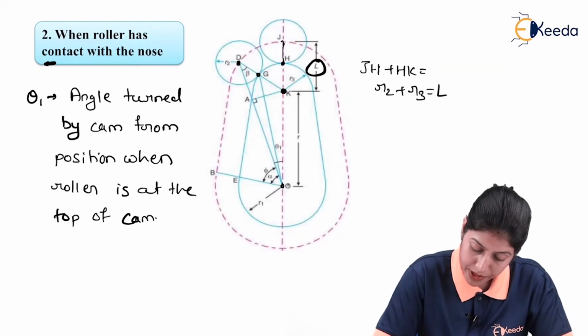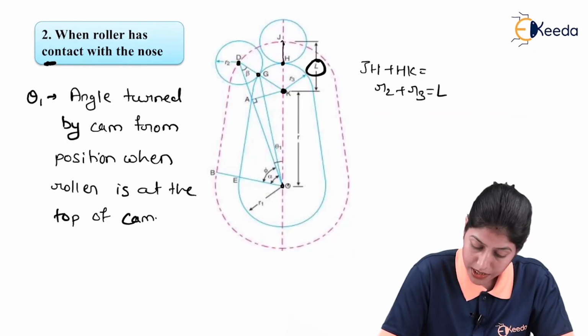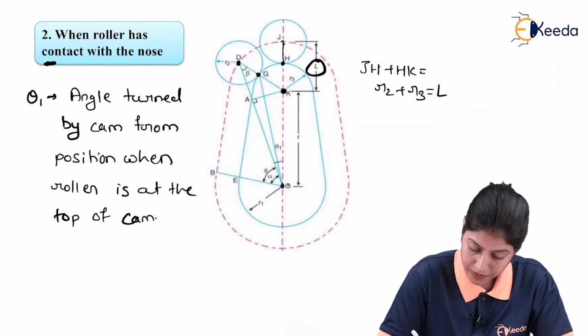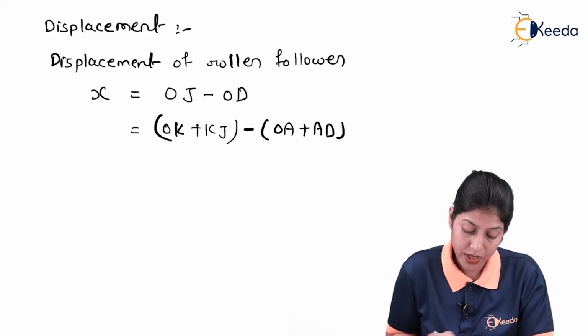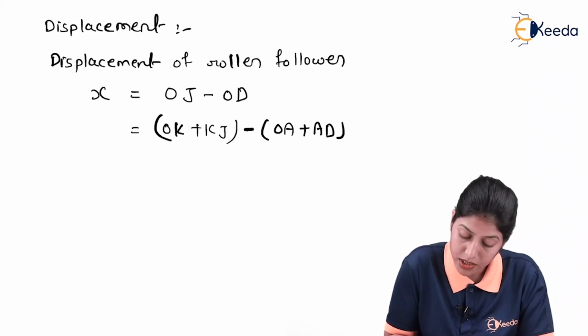So OA plus AD is defined as the OD, and OJ is defined as OK and KJ, or we can also define as OH and JH. So here we have these equations which is representing the displacement: OK plus KJ minus OA plus AD.